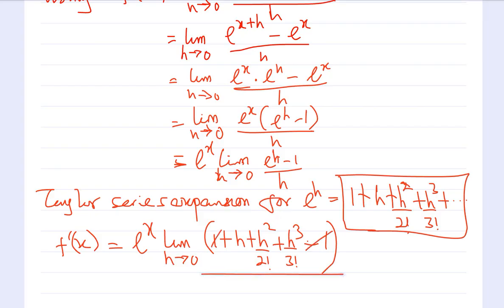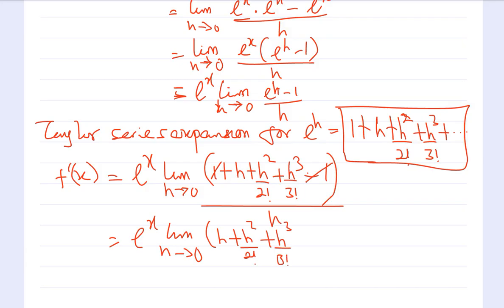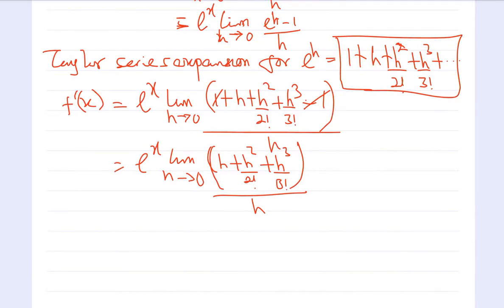Don't forget, divided by h there. Then from there you're going to have exponential x, the limit as h approaches 0 of h plus h squared over 2 factorial plus h cubed over 3 factorial, then divided by h, and then we can factor out h there.